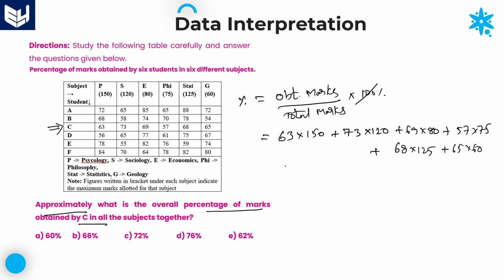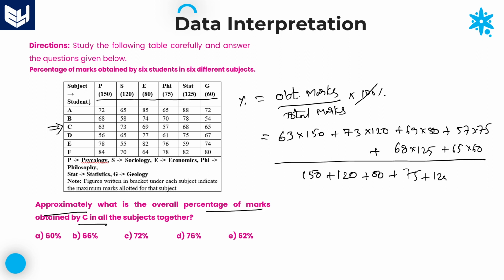This is the total marks obtained. Divided by the total marks in all subjects together. Total marks means 150 plus 120, you need to add all the maximum values: 120 plus 80 plus 75 plus 125 plus 60. This is your required answer.